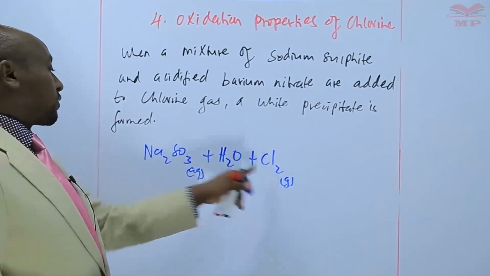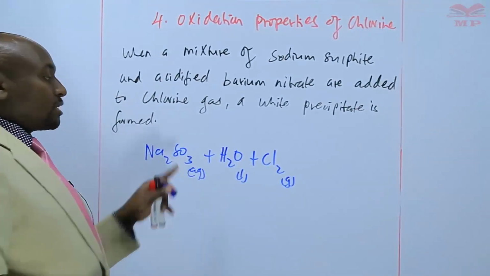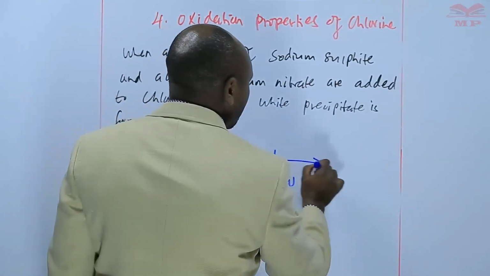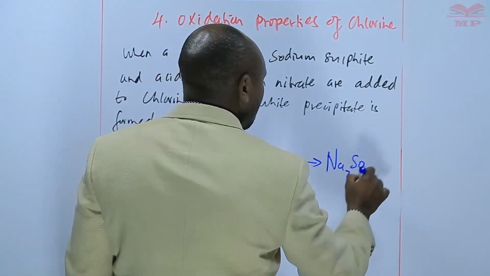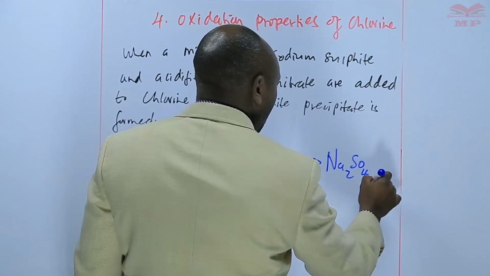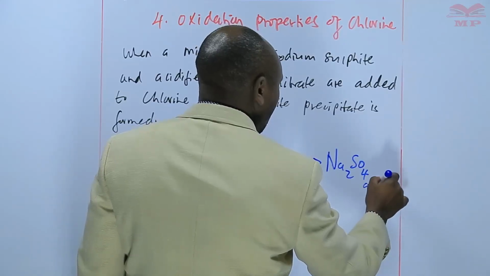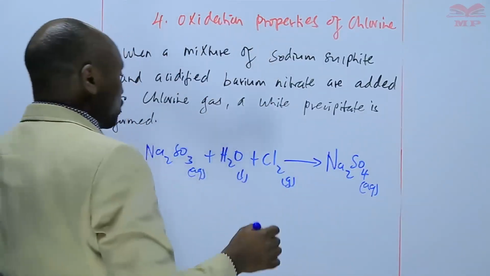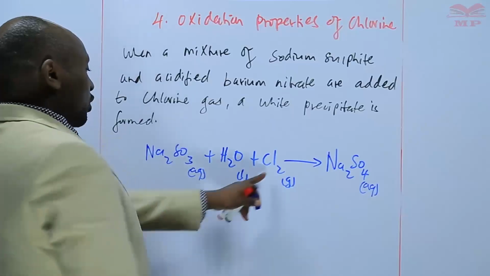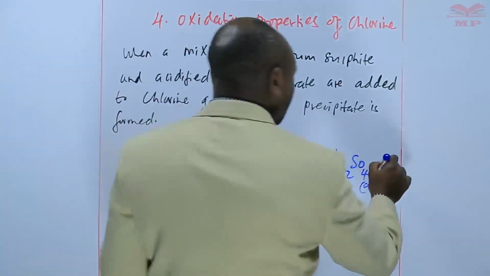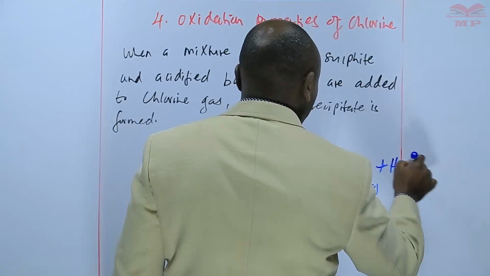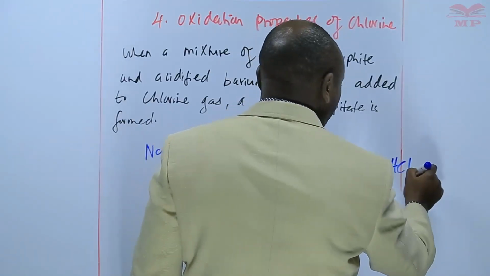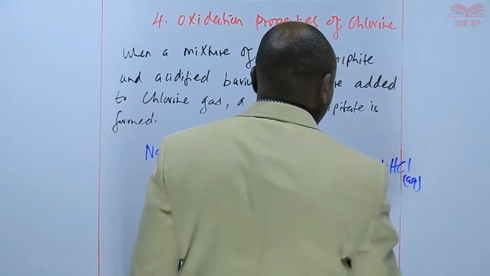So the chlorine oxidizes the sodium sulfite to sodium sulfate. So we have sodium sulfate being formed. It's an aqueous solution, while chlorine is reduced to hydrogen chloride. Chlorine is reduced to hydrogen chloride solution.